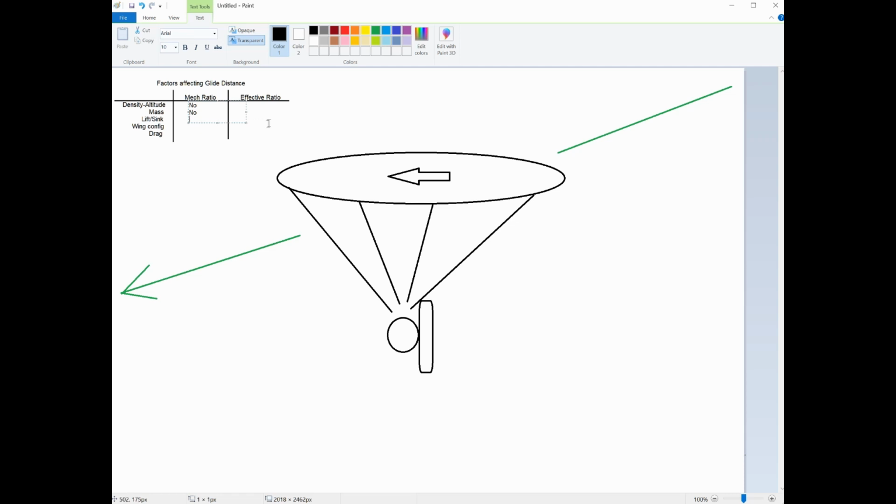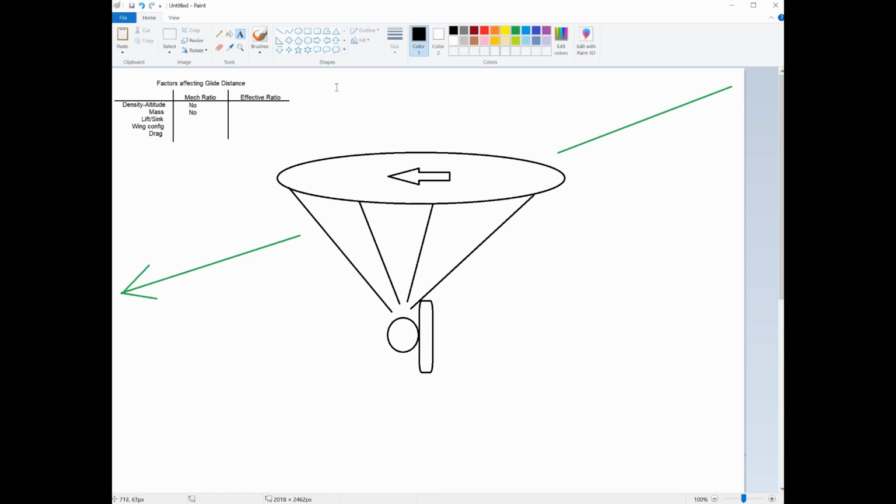And now we get into lift and sink. So this would be, again, using geography like a mountain to create an upwards vector of the wind, I guess you can say. So the wind is hitting your wing maybe at a higher angle than the glide slope of your glider.